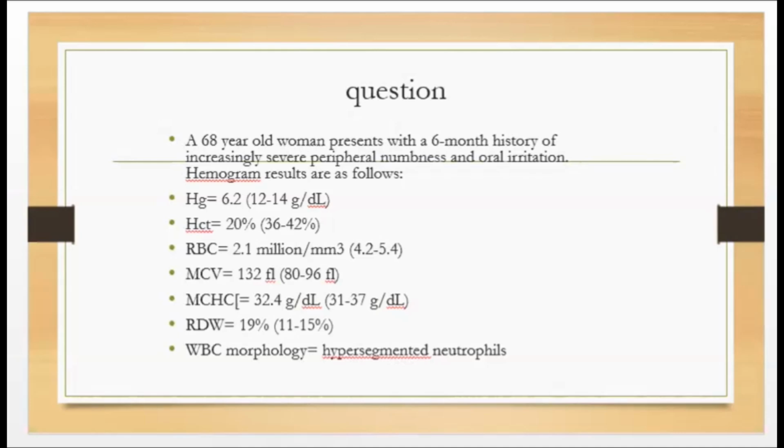But the difference with folate is they can always ask you something relating to folic acid deficiency. They can ask you, why do we encourage pregnant women to take folate in the first trimester? It's usually to prevent what? Neural birth defect.